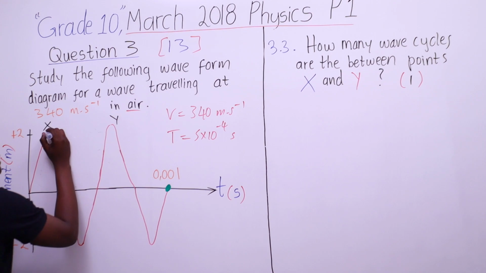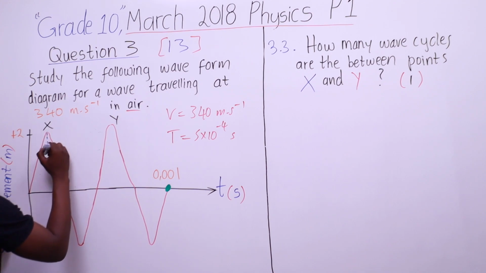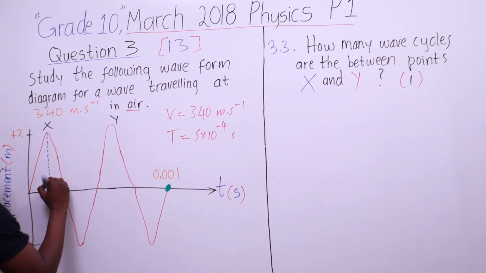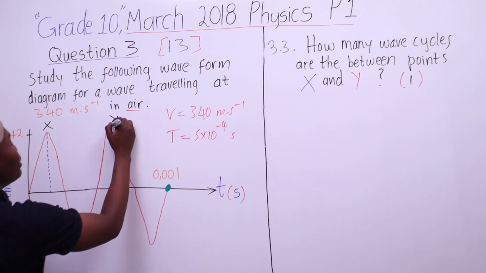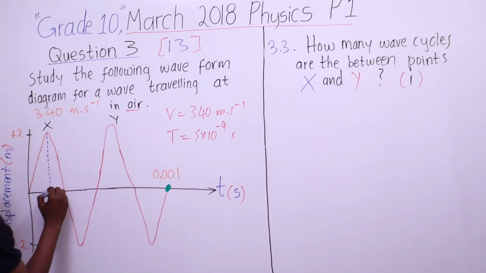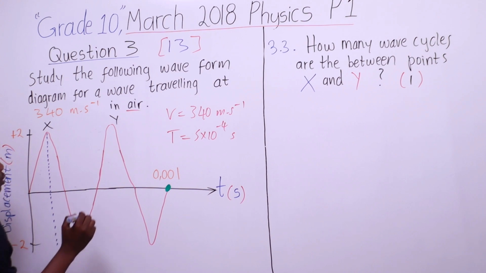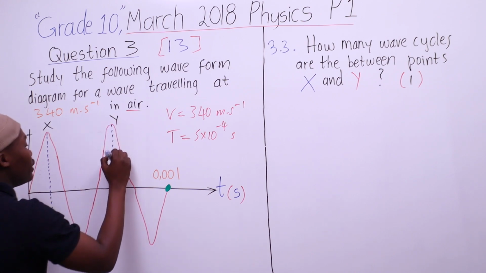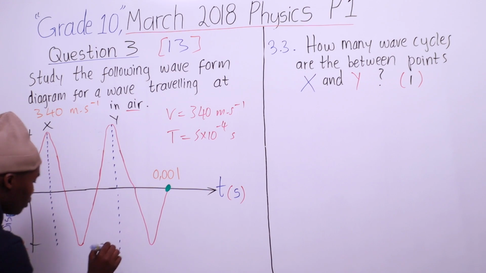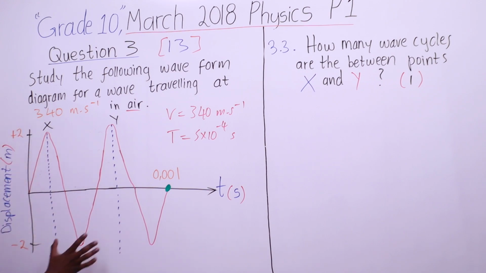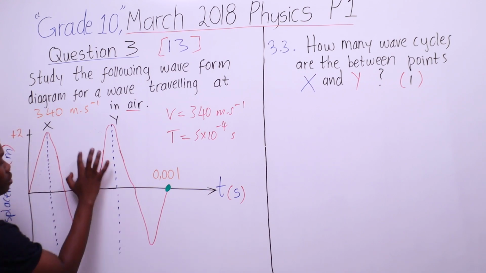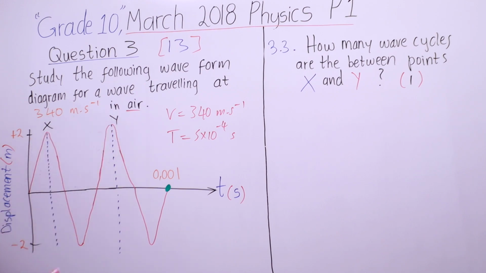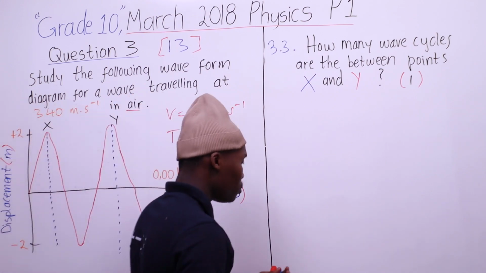Now the point x and no y. Okay. Manga wave cycles ala kulesikhala lesi between x no y. So, buka lana.